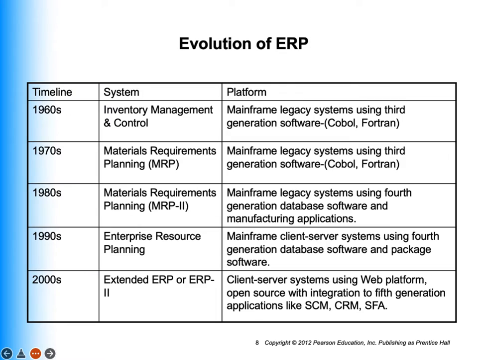A bit of history about ERP. So in the 60s, system could be inventory management, where they use legacy languages like COBOL or Fortran. And in the 70s, there's MRP, or material requirement management, okay, followed by the second version in the 80s, and during the 90s they started ERP, and today we have extended ERP, which covers supply chain management and customer resource management, okay, things like that.